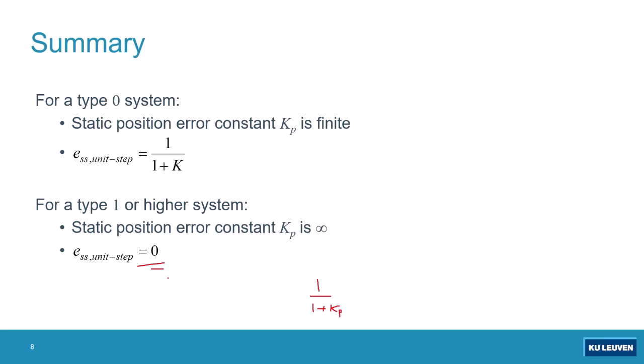This means, obviously, the accuracy of a type 1 or higher system will be better than the accuracy of a type 0 system, because for a type 1 or higher system, the steady state error is always 0.